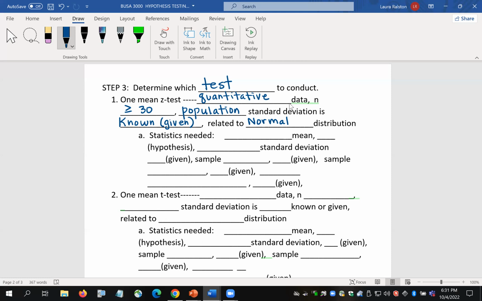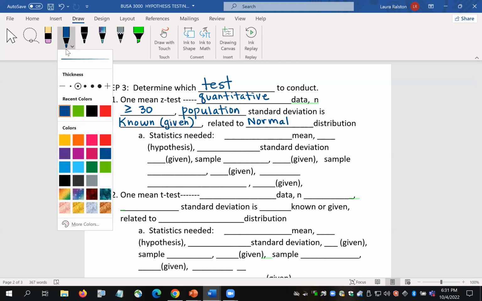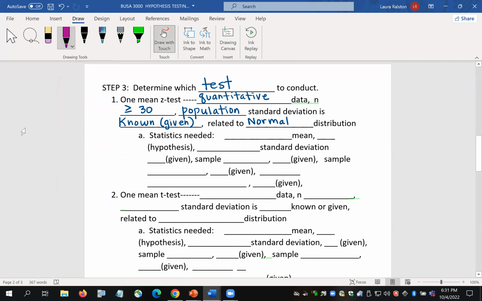So if we want or need to conduct a one mean z-test, what information do we need? The things that should be given in the scenario are the population mean, represented by the Greek letter mu, which you'll usually find in your hypothesis. The population standard deviation, sigma, should be given in the scenario somewhere.